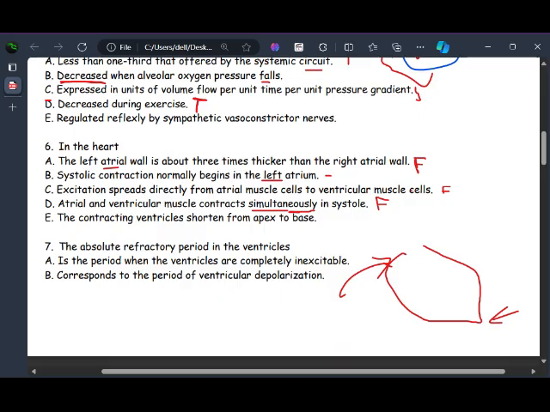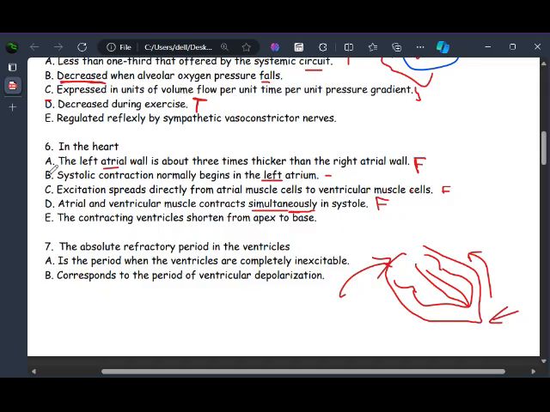At the apex is where you have the ventricles, with the interventricular septum here, and then you have two atria there. As it contracts, the arrangement of the muscles in the heart is such that, especially when the ventricles contract, the muscles kind of go up.